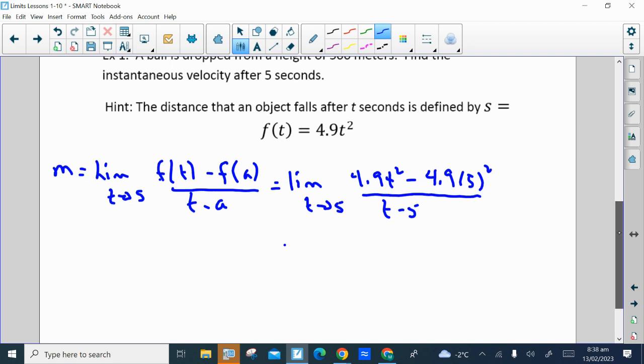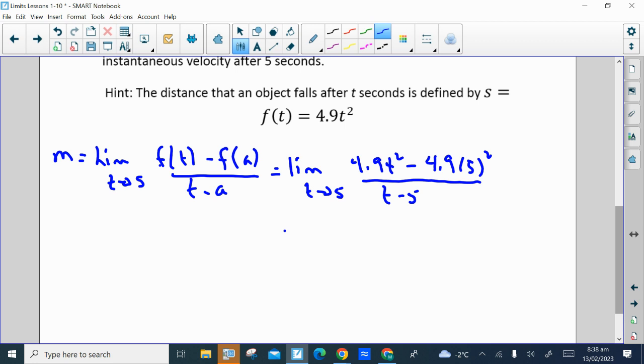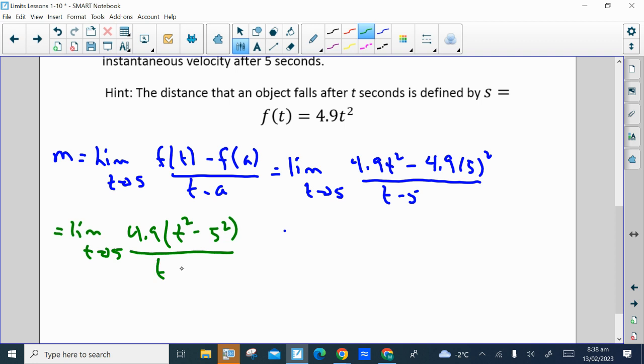Now, you might think that the first thing you would do is square the 5 and multiply by 4.9, and that you could do, but it's actually going to be easier if we don't do that, but we just start factoring the top, because we can start by taking out a common factor of 4.9 on top, which will give us t squared minus 5 squared, or t squared minus 25 if we want.